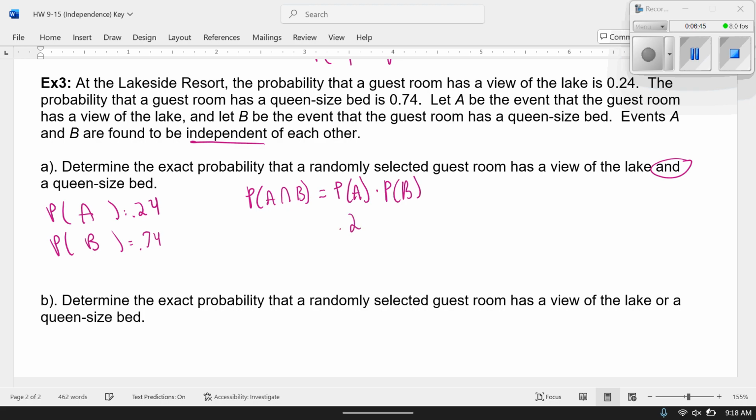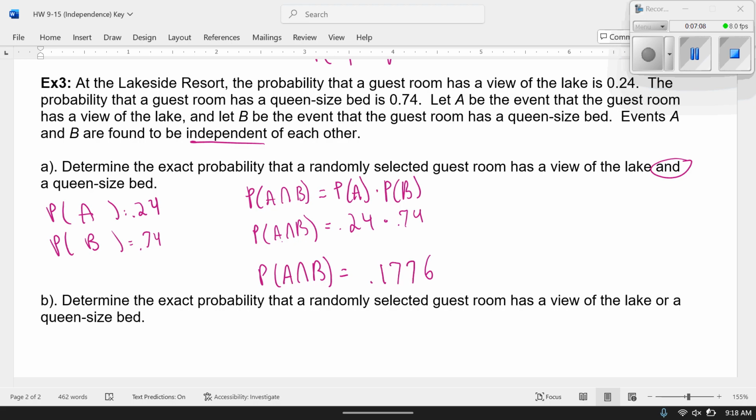Probability of B is 0.74. That means the probability of A and B is going to be 0.1776. Now, I am not rounding because they did not tell us to round.